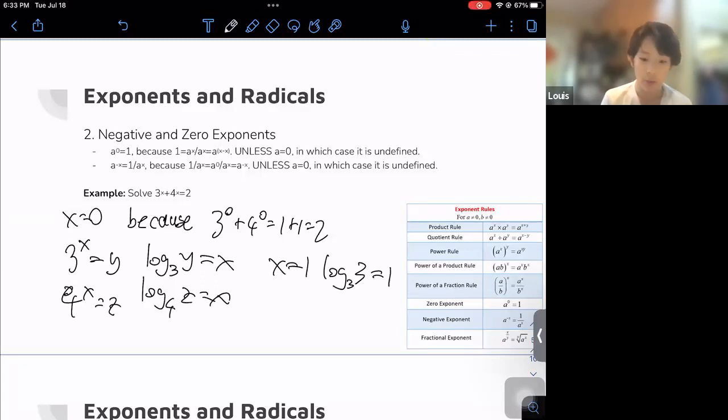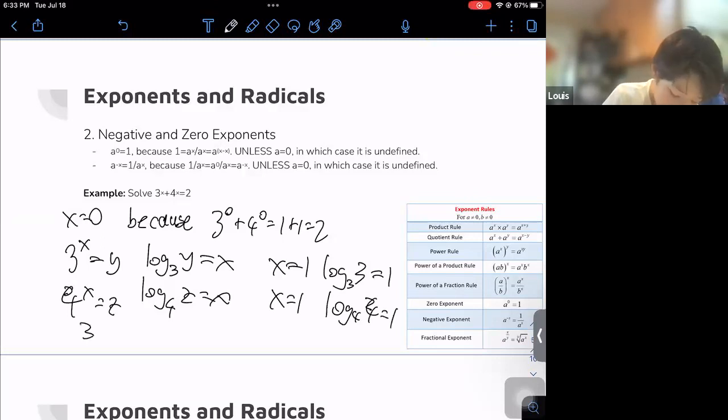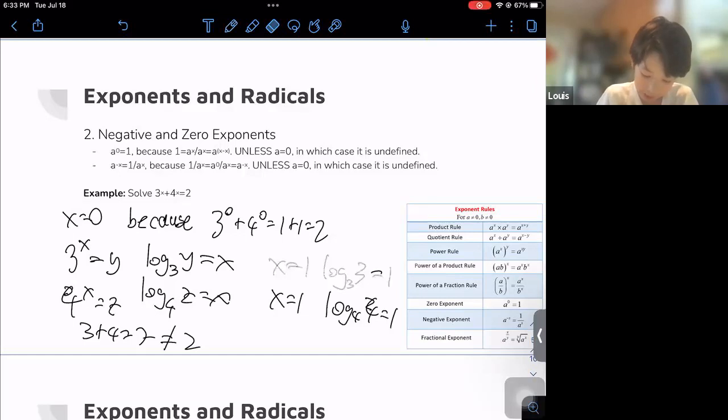And if we also have x equals 1, log base 4 of z equals 1. And we have that 3 plus 4 equals 7, which is obviously not true because we want it to equal 2. So we can't use x equals 1.